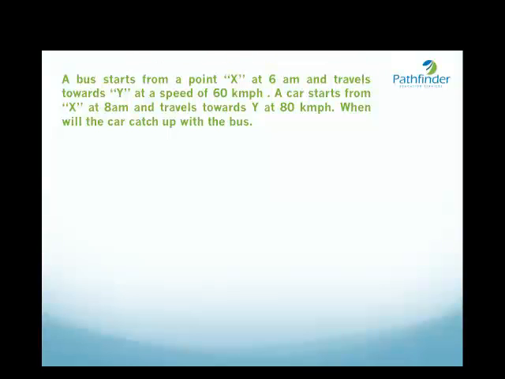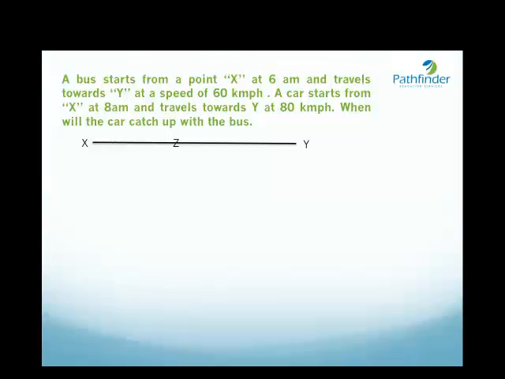In order to solve this, let us draw a schematic representation of the above situation. We have a point X and we have a point Y. Both the bus and the car start from point X. Then there is a point Z, because for the first 2 hours the bus is traveling all alone. And because the bus is traveling all alone, there is no question of relative speed till 8 am.